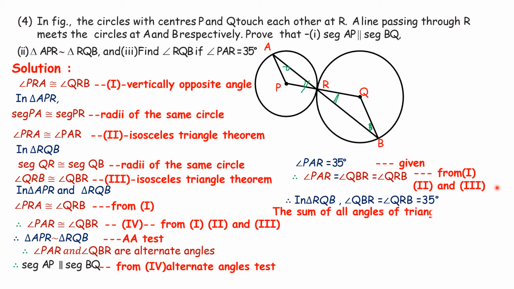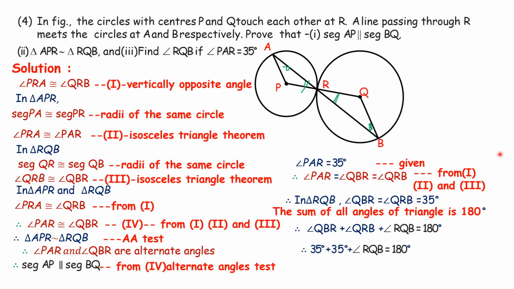Now substitute the value. The sum of all angles of a triangle is 180 degrees. Therefore, angle QBR plus angle QRB plus angle RQB is equal to 180 degrees. Now substitute: 35 plus 35 plus angle RQB is equal to 180 degrees. Therefore, angle RQB is equal to 180 minus 70 is equal to 110 degrees. Complete this example in your notebook.